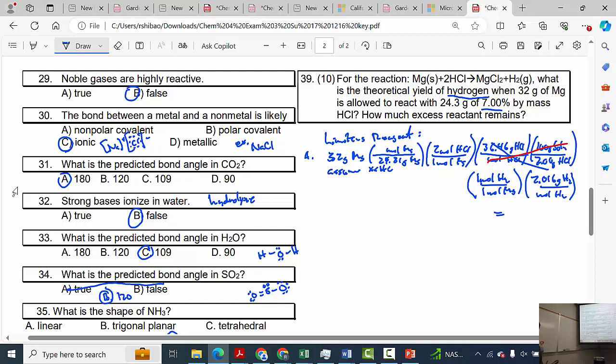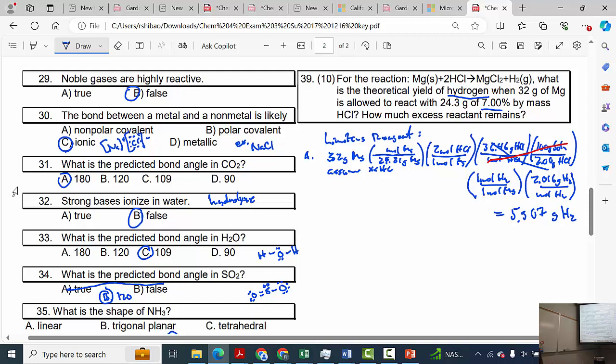So let's do that. 32 divided by 24.31 times 2.016. Gosh, keys are not working on this.